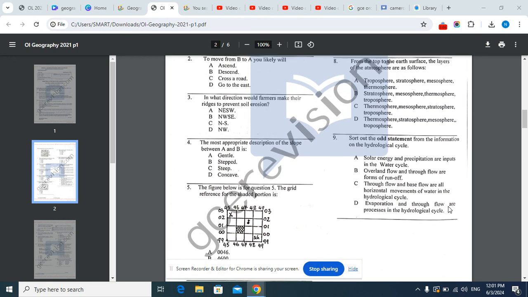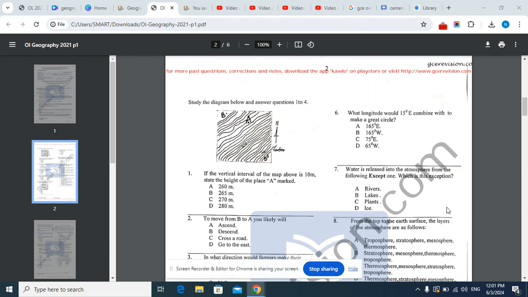Question 6. What longitude would 15 degrees east combine with to make a great circle?